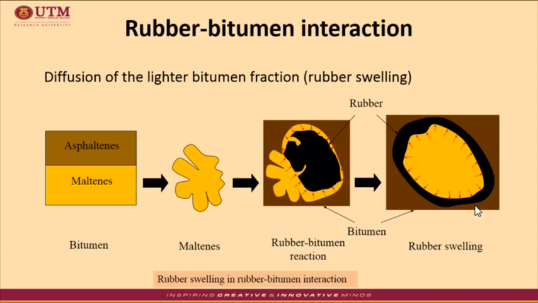With sufficient heat and time, a higher degree of interaction between the bitumen and rubber can cause depolymerization of the rubber particles. The lower the molecular weight of the maltene fraction, the more readily it will diffuse into the rubber particles.